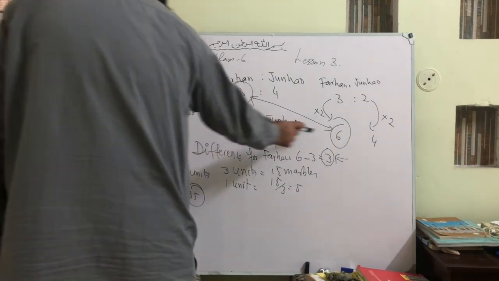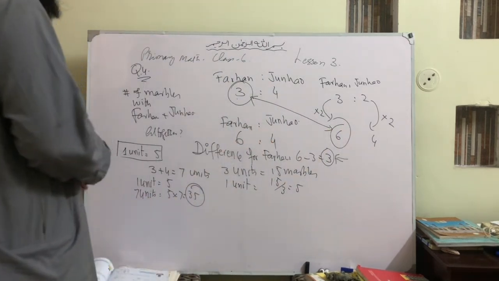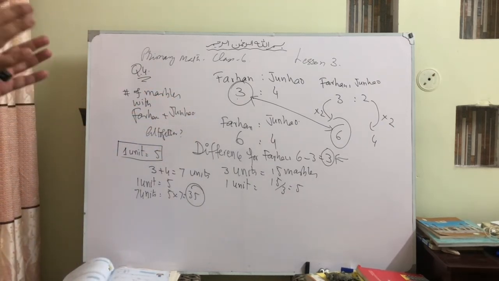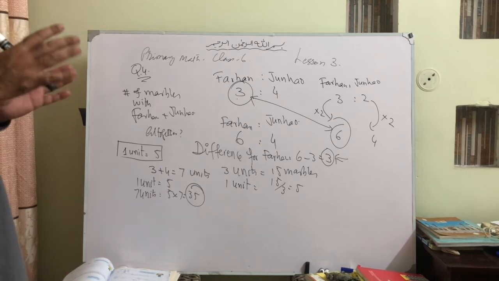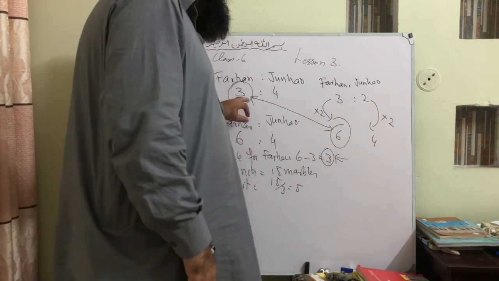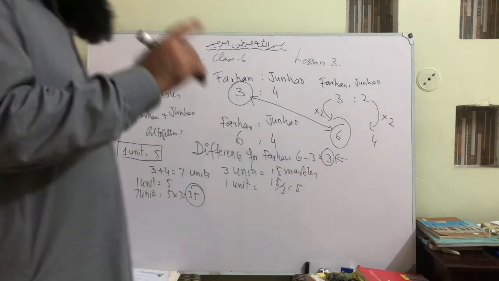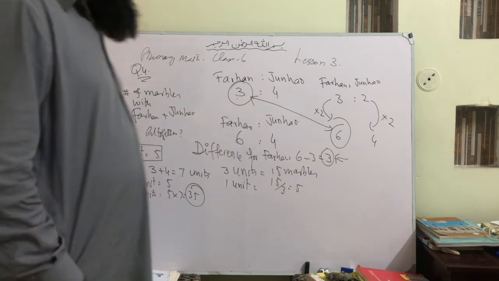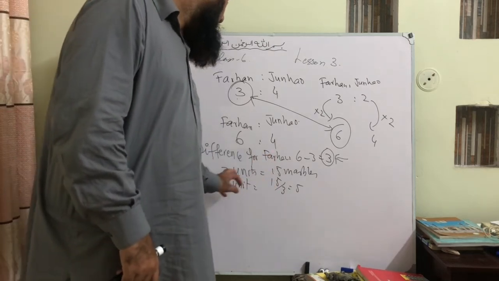So 6:4 is the new ratio. The difference was due to the marbles got by Farhan. 6 is new, 3 is old. 6 minus 3 gives 3 units, and they represent the 15 marbles bought. So 15 divided by 3, we got 5.